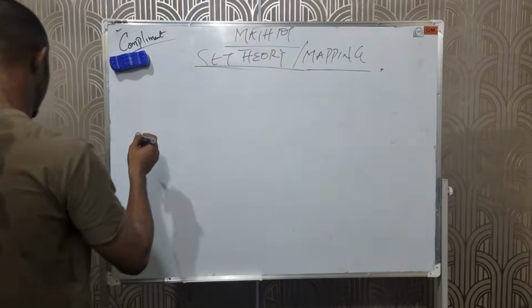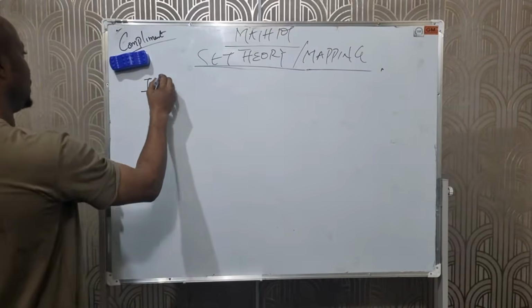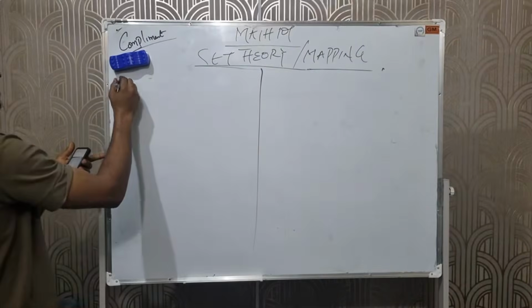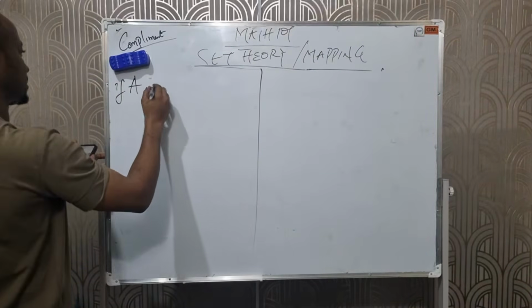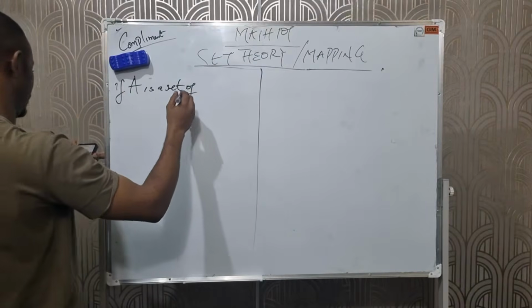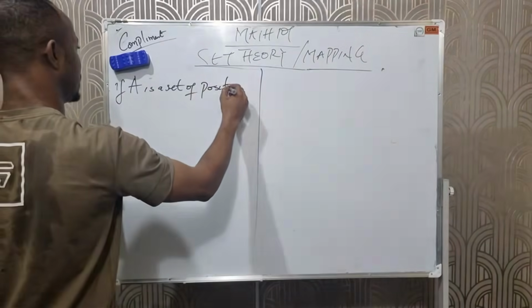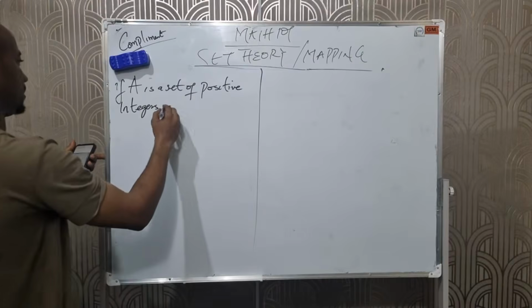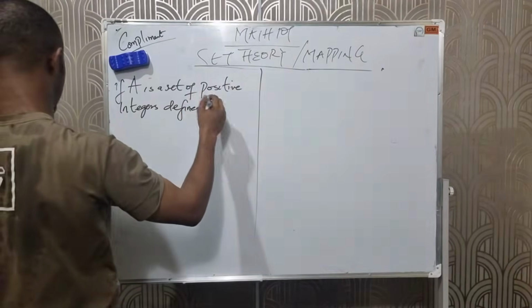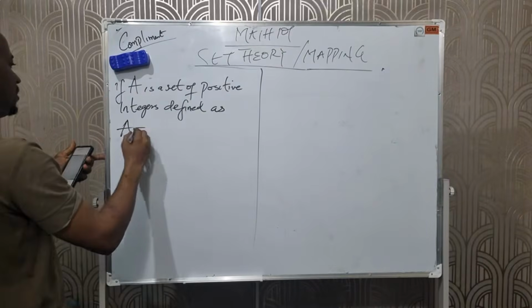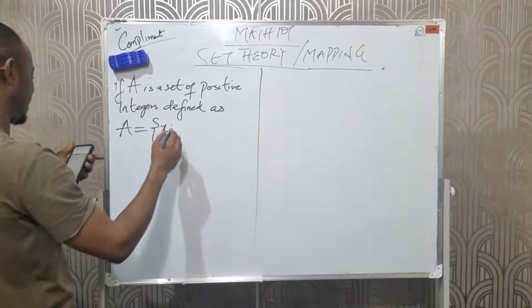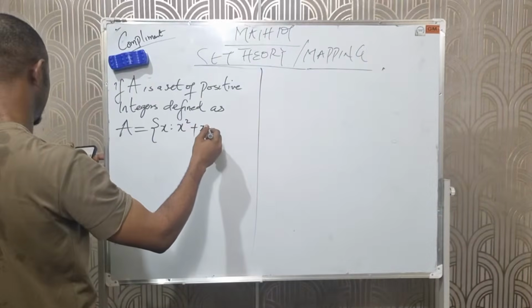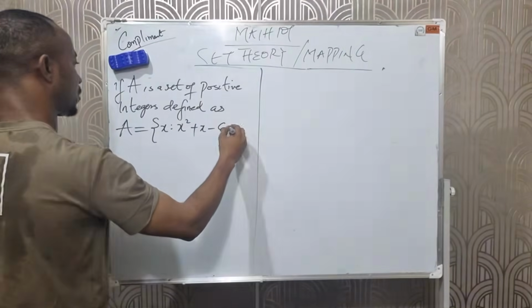Okay, the question says that if A is a set of positive integers defined as A equals x such that x squared plus x minus 6 equals 0.